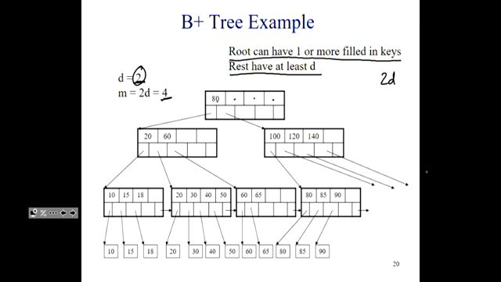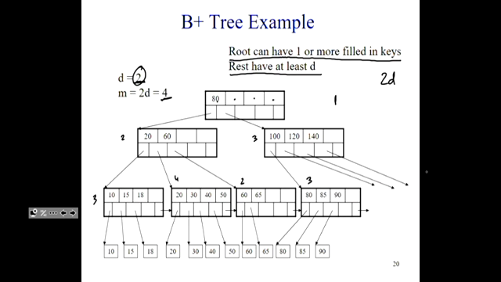So the root in this case has only 1 key filled in, and that's totally fine because the root is special. For the other ones, as you can see, this has 2 filled in, this has 3, 3, 4, 2, 3. All of them have at least 2, so we are in good shape. So this is a valid B plus tree.